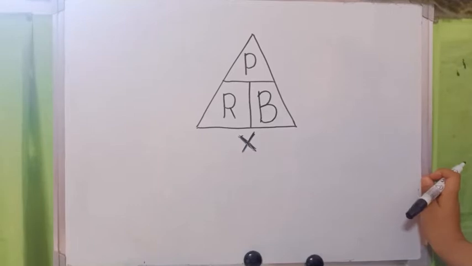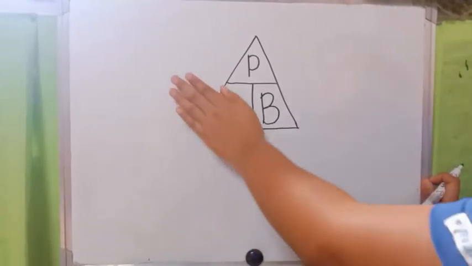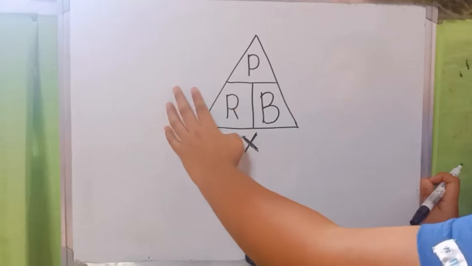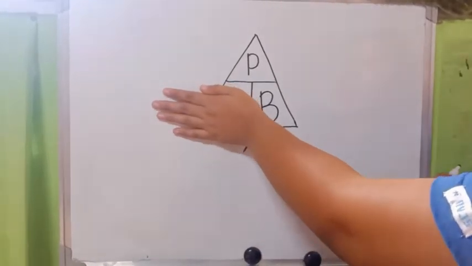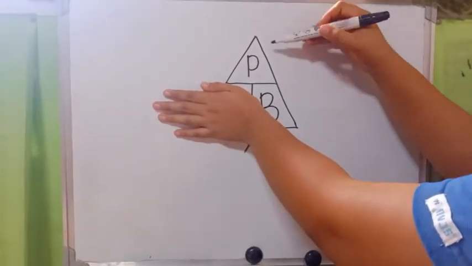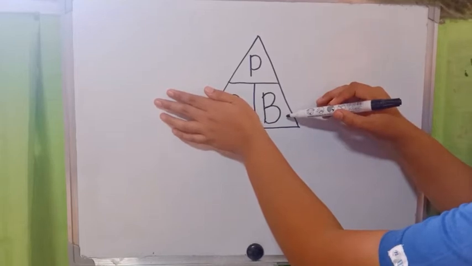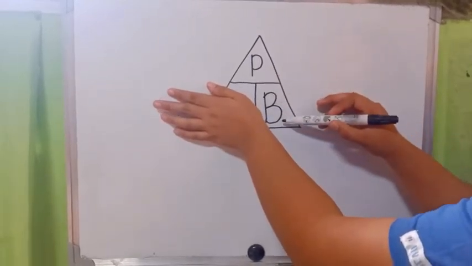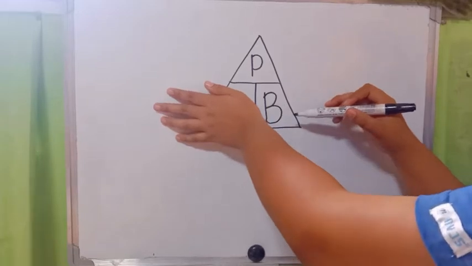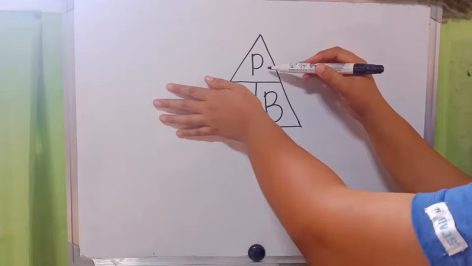What if your missing is the rate? You need to cover the R, which represents rate. The remaining are the percentage and the base. So what you need to do is P over B. If we simplify this, P over B, we need to divide.